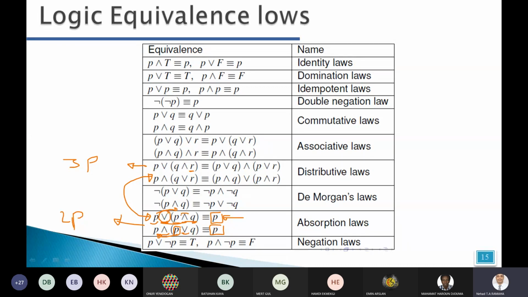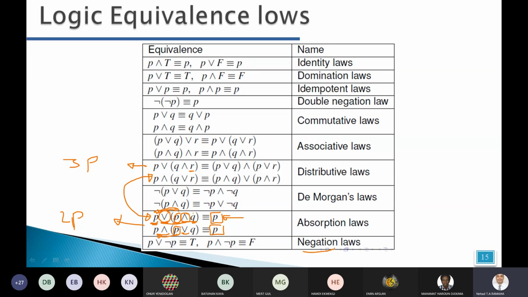These two different operators, or then and, and then or, and one side could be this one or this one. It's the same as the distributed one, the outer one. Okay, this is the absorption law.